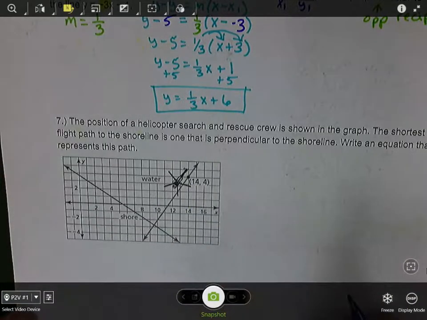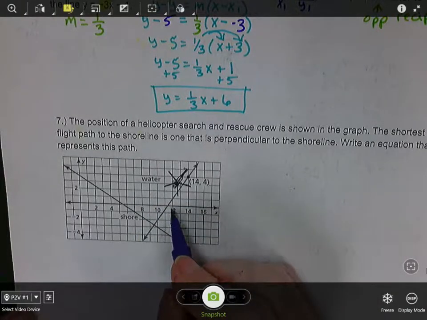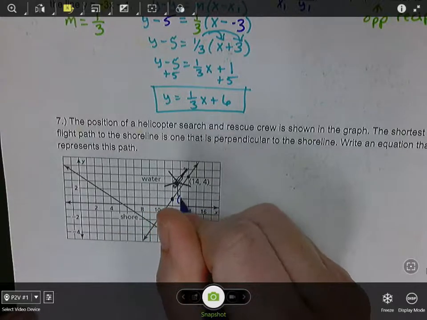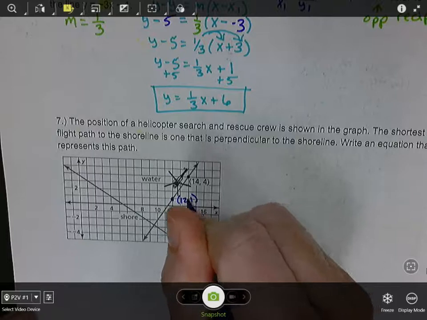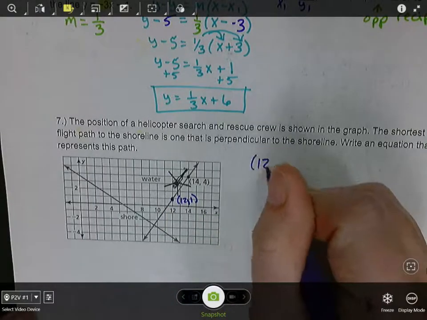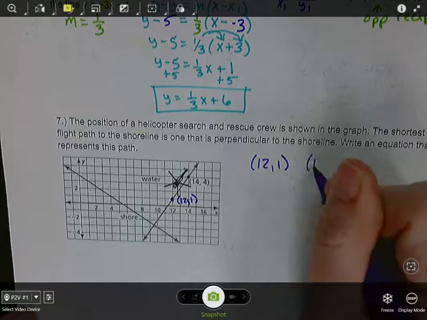We need to pick out another ordered pair, and I would pick one that's right at where two integers intersect. So it looks like this point here, and that has the ordered pair 12, 1. So I have the ordered pairs 12, 1 and 14, 4.